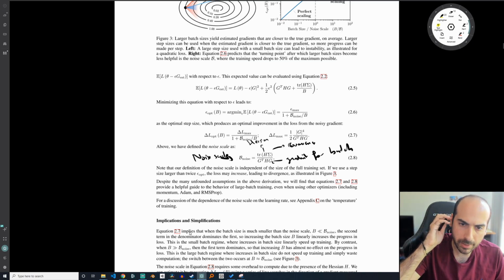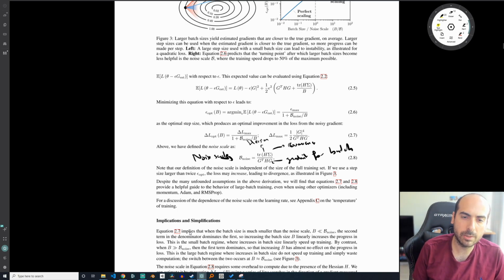Equation 2.7 implies the optimal step size. Minimizing this equation with respect to epsilon leads to this expression as the optimal step size, which produces an optimal improvement in the loss from the noisy gradient.